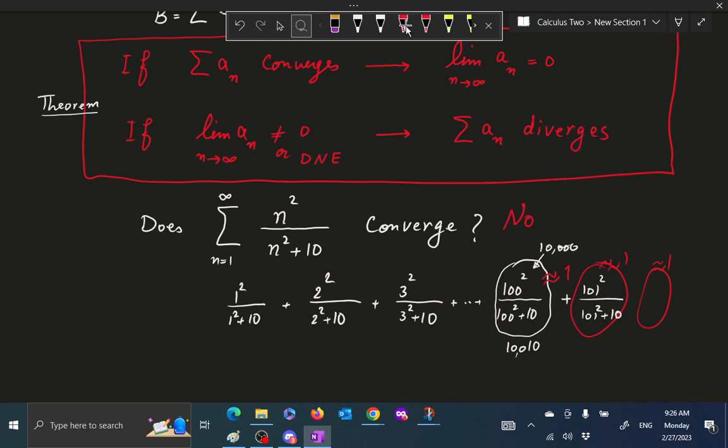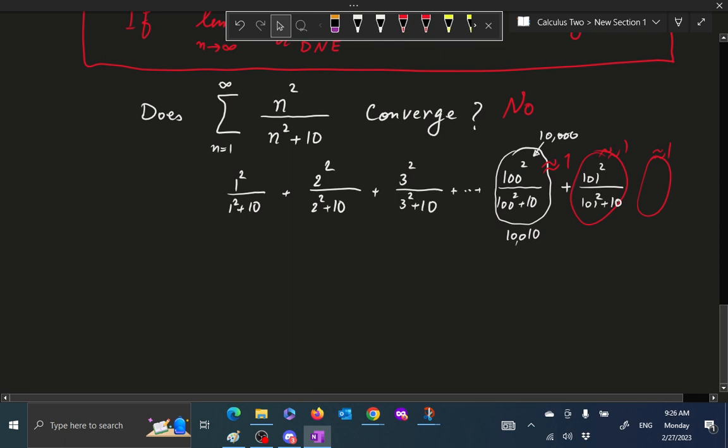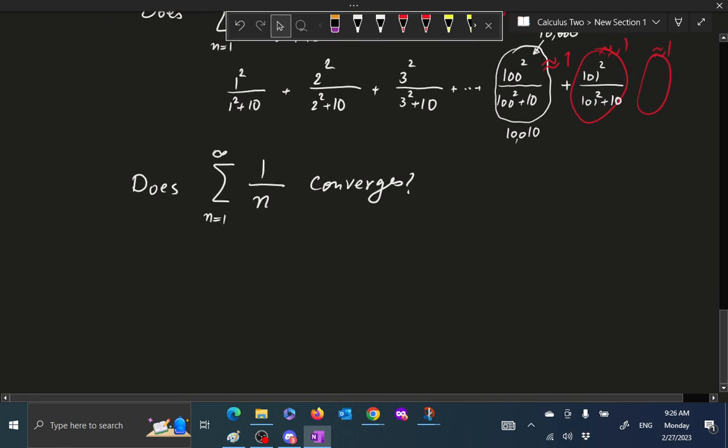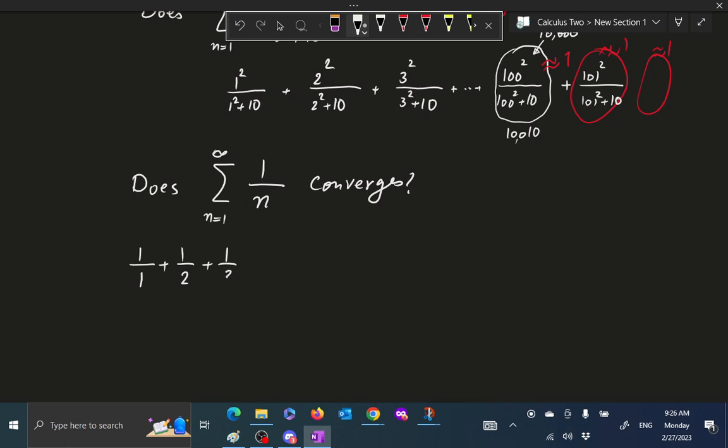So let's see a very interesting problem in this regard. Here is a question: does the sum of 1 over n, starting from 1 through infinity, converge? What do you feel? What do these things look like? 1 over 1 plus 1 over 2 plus 1 over 3 plus 1 over 4.